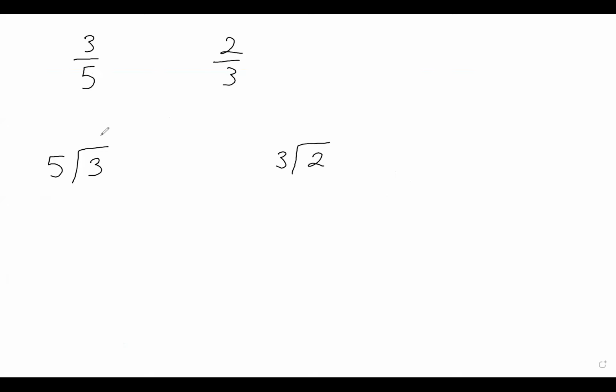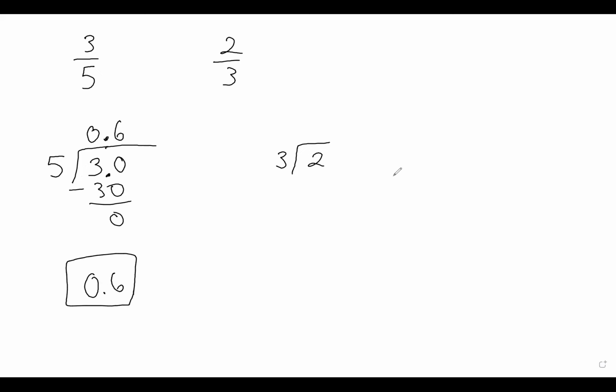Notice how I put the numerator inside the long division symbol, and I'm dividing by the denominator of 5. So 5 doesn't go into 3, so I immediately put a 0, put a decimal point, and line up the decimal point. 3/5 is less than 1, so I know this is going to be 0 point something. Let's add a 0 after the 3, and now how many times does 5 go into 30? We can say 6. And there's a remainder of 0, and we're done. Okay, so we're starting with the decimal of 0.6.